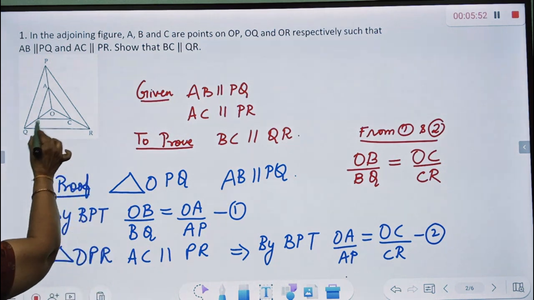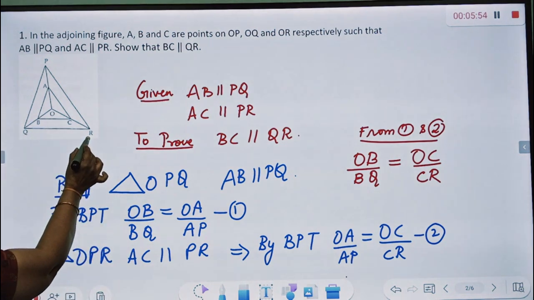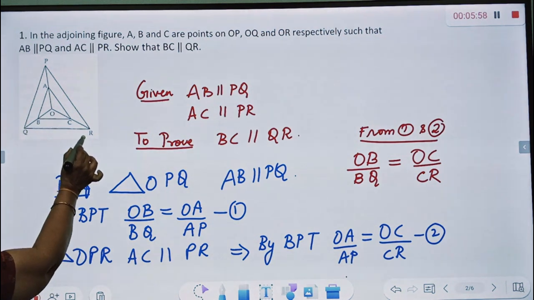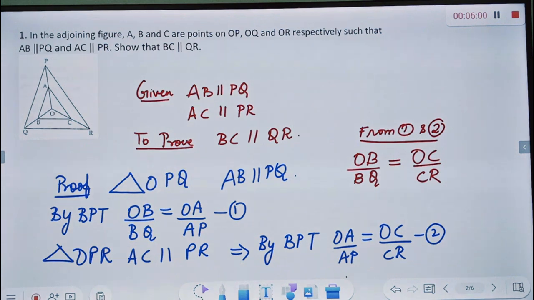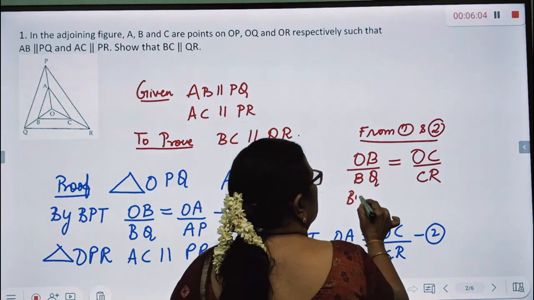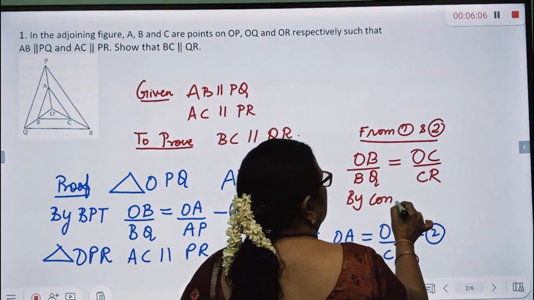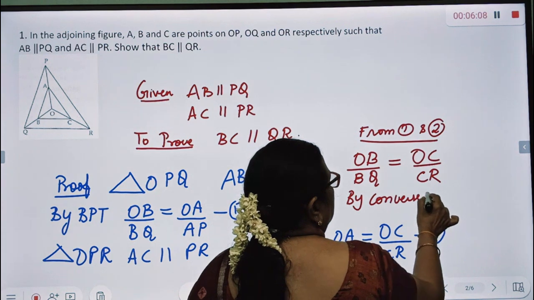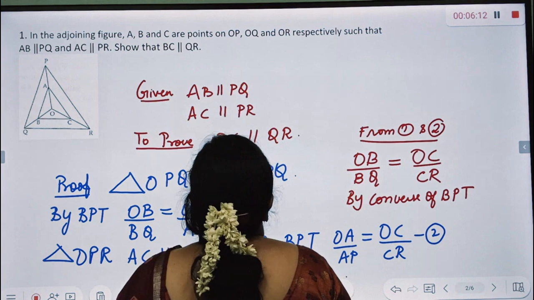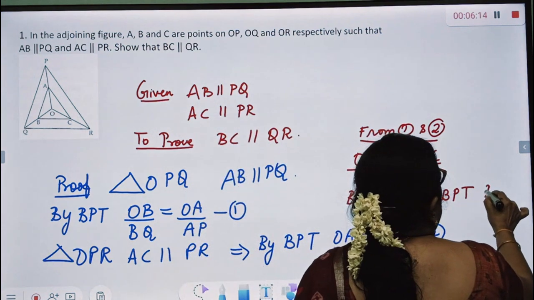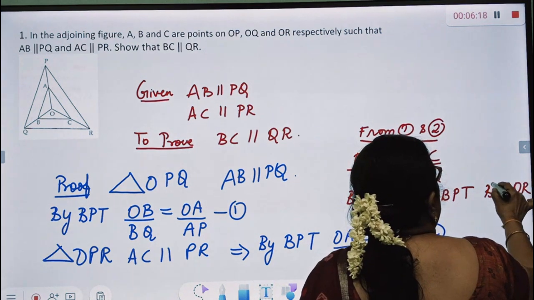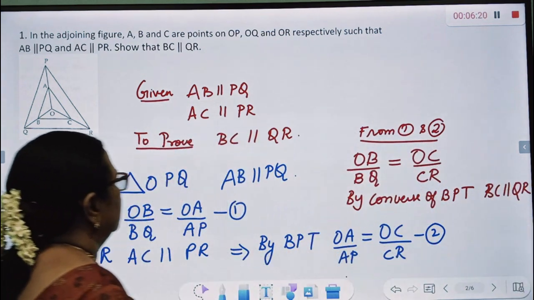OB by BQ equal to OC by CR means what? By converse of BPT, if two sides are proportional, this side has to be parallel to the third side. BC has to be parallel to QR. So by converse of BPT, what do you get? BC is parallel to QR.